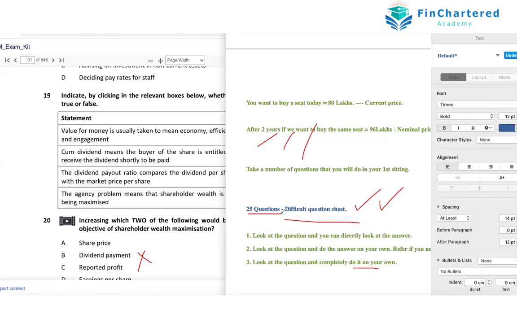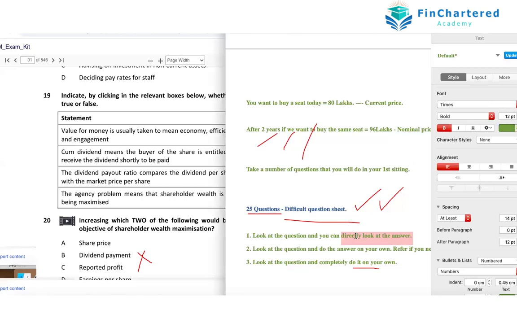Whatever question is difficult, say question number 20 from this set, put it in the difficult question sheet and drop a message on the hotline number saying question number 20 from the Kaplan Kit, I need help with. We will make a video on that and upload it on the LMS. And you've marked it in your difficult question sheet also. So you have multiple safeguards if you don't know the explanation to an answer. One, obviously look at the back of the kit.